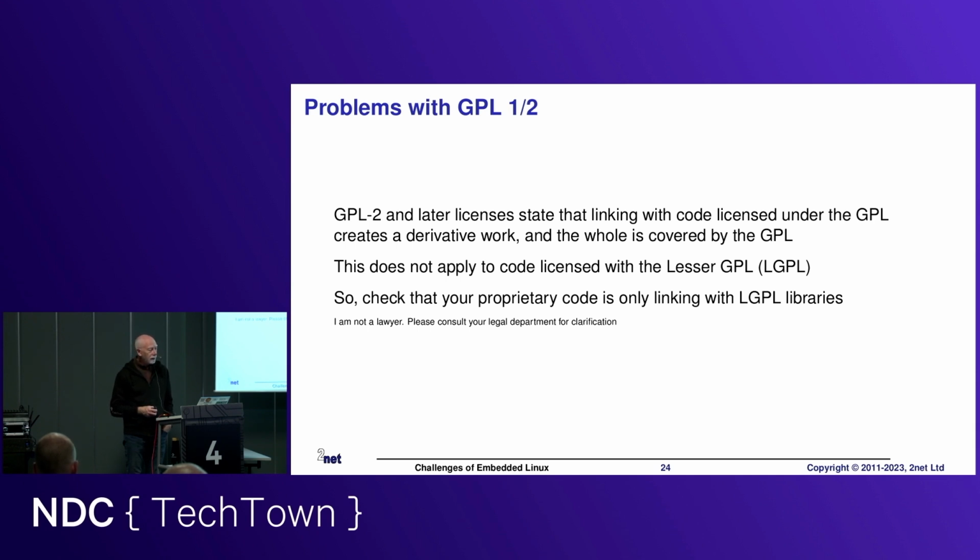The main issue with GPL2 is that the license says that if you link your code, your proprietary code, with code that is licensed using GPL, then the new entity becomes a derivative work of the GPL code, and therefore the GPL applies to the whole thing. So this is the kind of virus open source licensing that Steve Ballmer referred to 20 or 30 years ago.